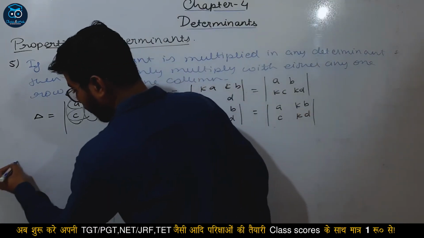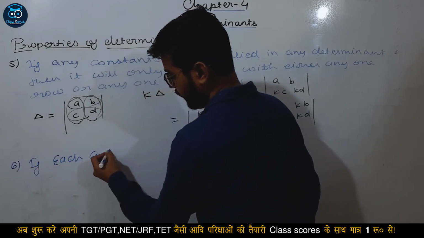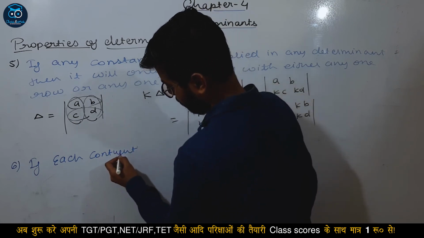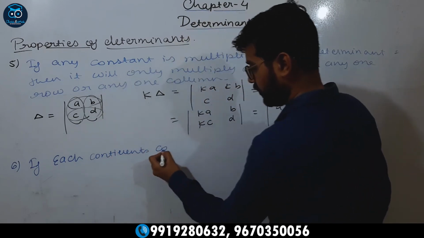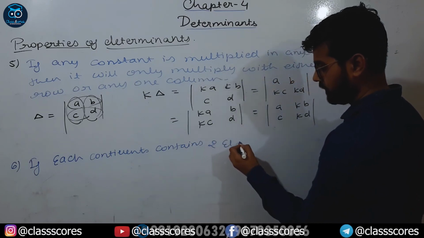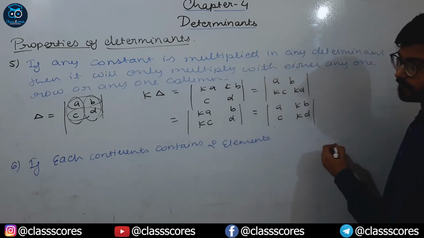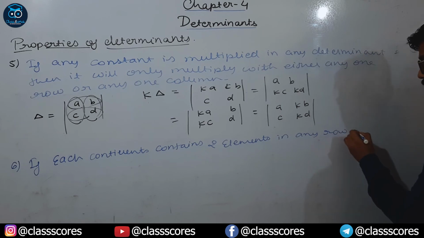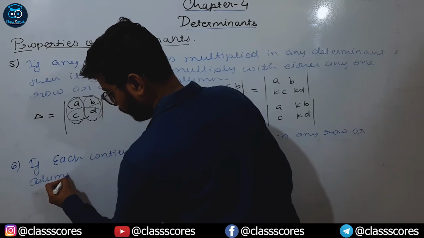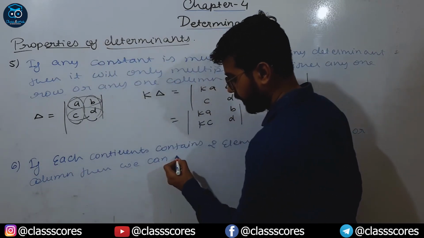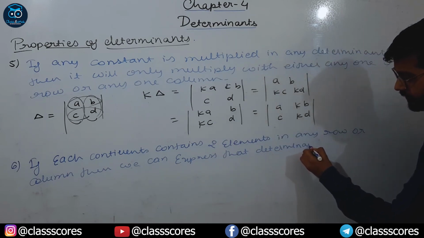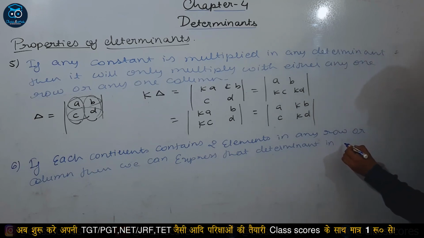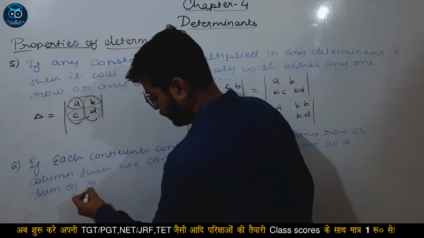Our sixth property is, if each constituent contains two elements in any row or column, then we can express that determinant as a sum of two determinants.